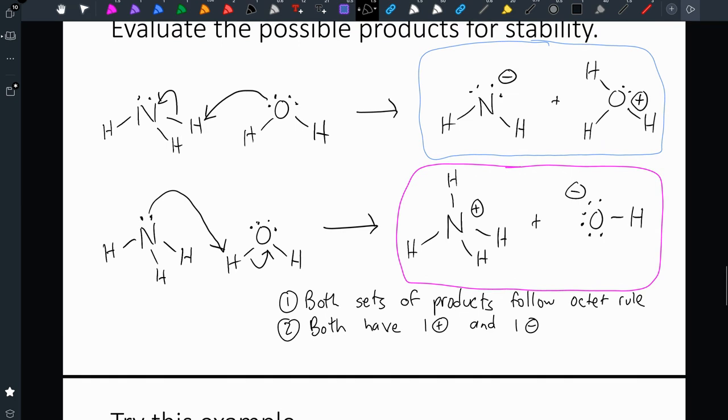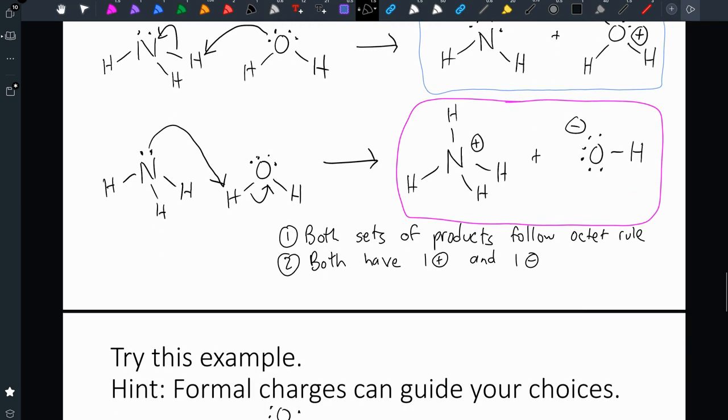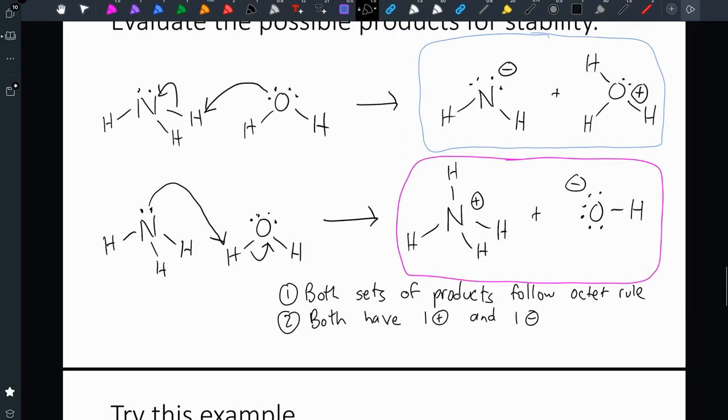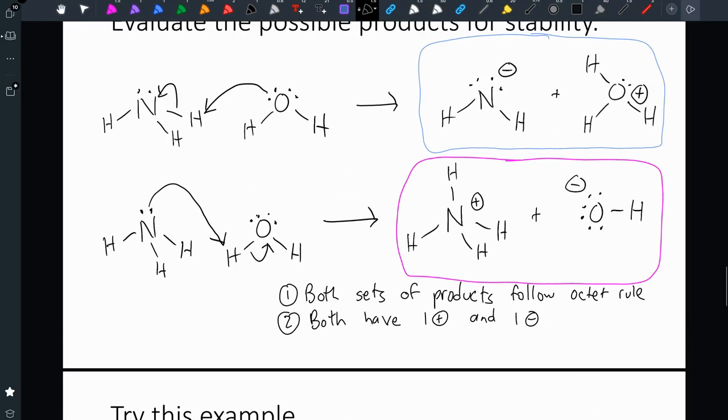Then I think of my third rule. Remember, my third rule tells me that positive formal charges are going to be more stable on a less electronegative atom. Negative formal charges will be more stable on a more electronegative atom. So my electronegativity values: I know that oxygen is greater than nitrogen.